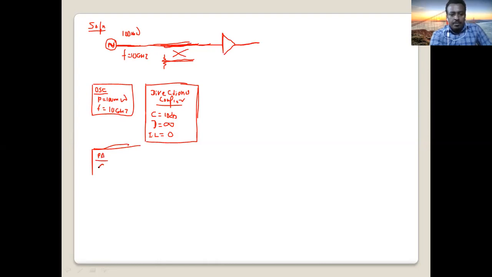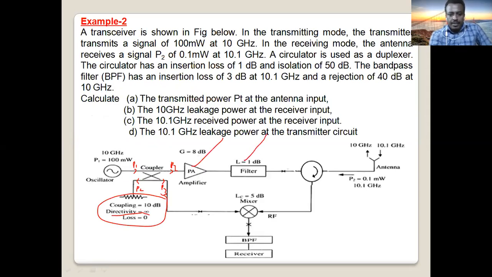This parametric amplifier has a gain of 8 dB. How much? 8 dB. This is the third device we have here, a parametric amplifier. This is the directional coupler, this is the oscillator. Then we have here the filter.